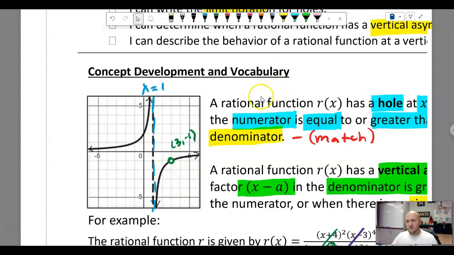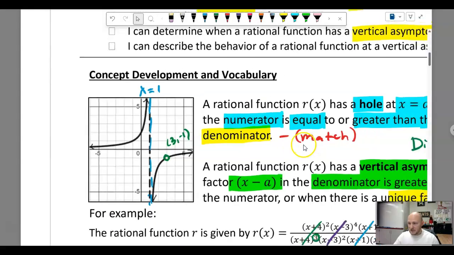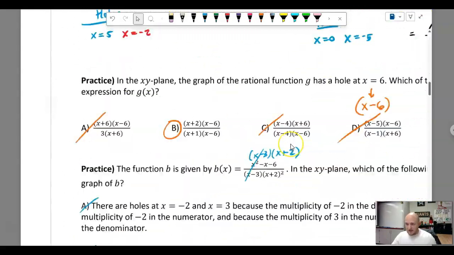If you have shared factors top and bottom, that's going to give you a hole as long as the numerator has at least as many of that factor as the denominator. If you have a factor even after all the reducing in the denominator, that is going to be a factor that creates a vertical asymptote. As your values approach it, your function values go up towards positive or down towards negative infinity. Again, that's visually what they look like.